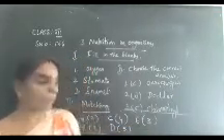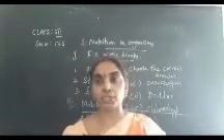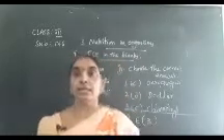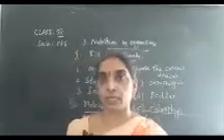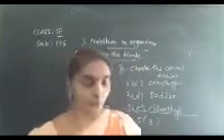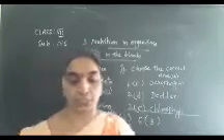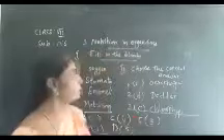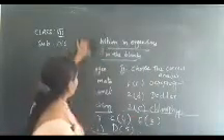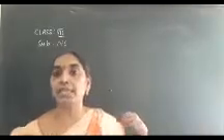Next, coming to the part of the question answers. You can easily answer these questions if you understand the lesson easily. Read the lesson carefully and try to answer these questions. First one, distinguish between autotrophic and heterotrophic nutrition. What is autotrophic nutrition and what is heterotrophic nutrition? Autotrophic nutrition means the mode of nutrition in which the organisms prepare their own food.